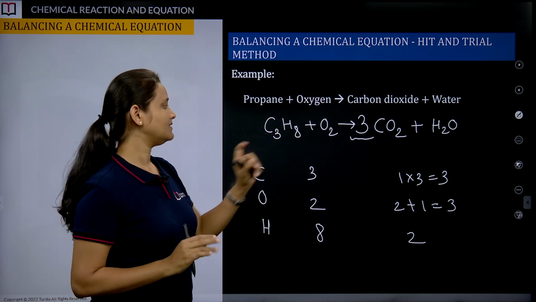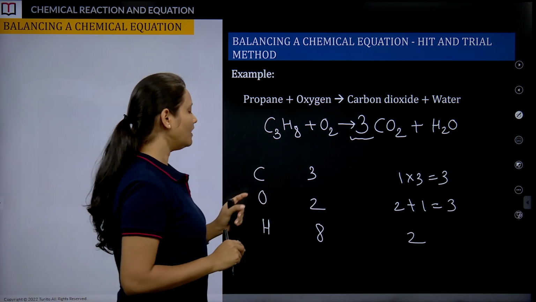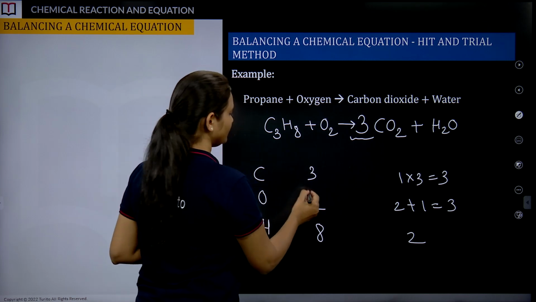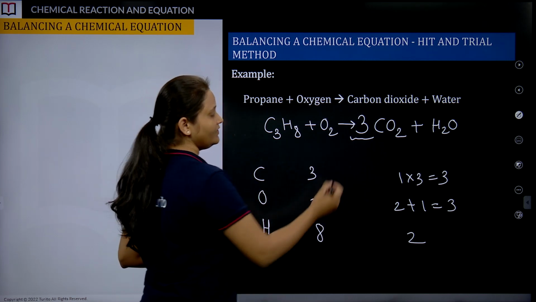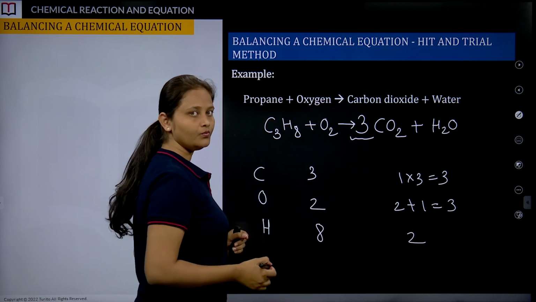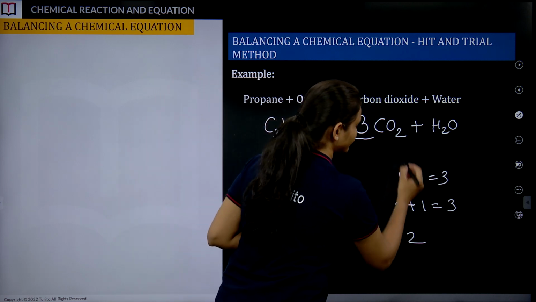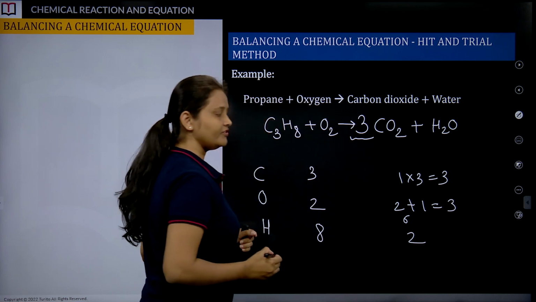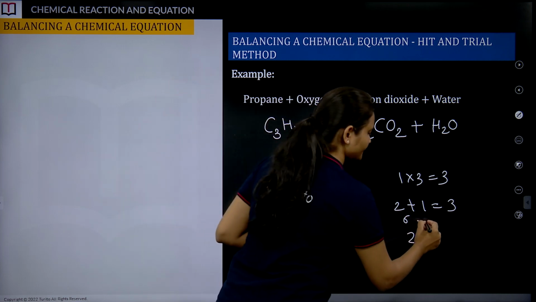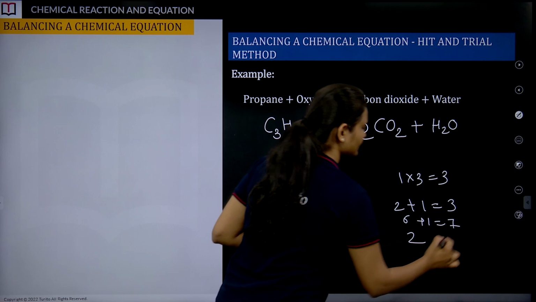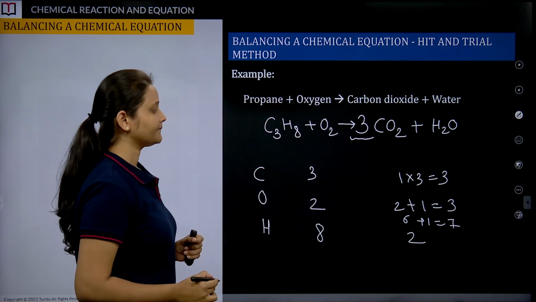Now carbon is balanced, right? Moving ahead, we have oxygen 2 and 3. We have added 3 in front of CO2, so now we have 3 into 2, 6 oxygen plus 1. That means 7 oxygen, correct?